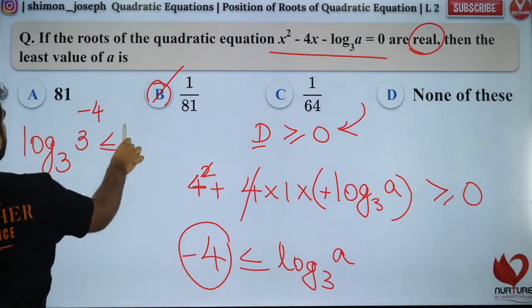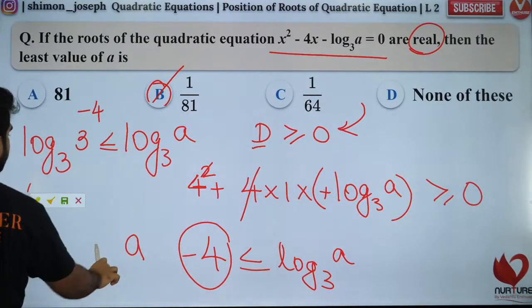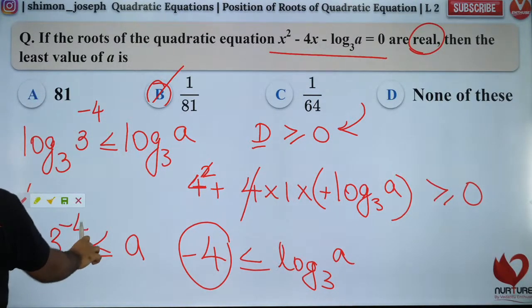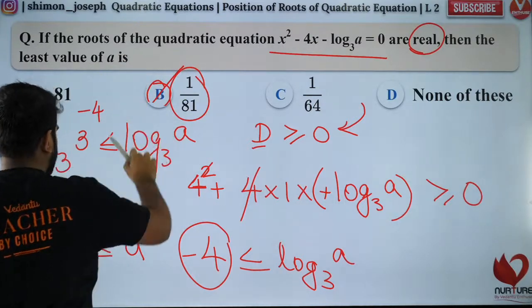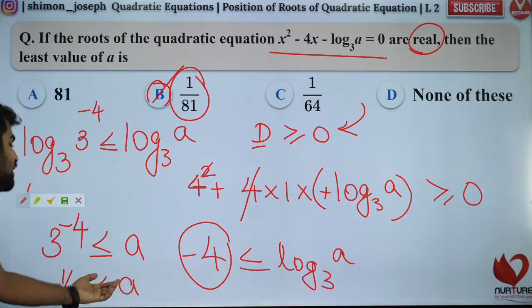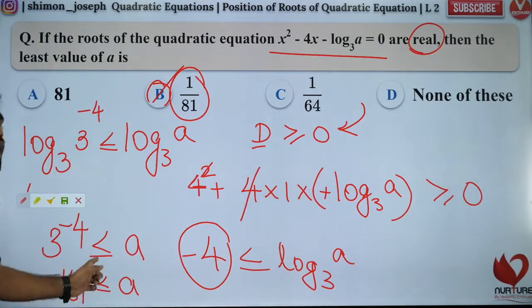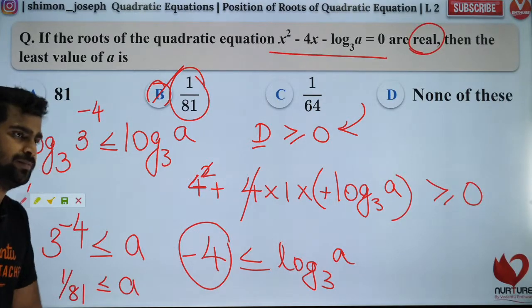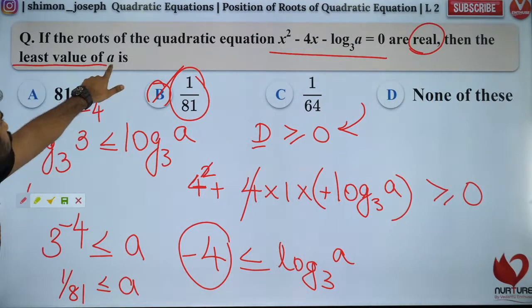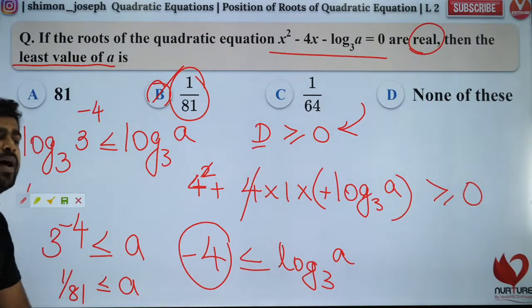Now that is less than or equal to log to the base 3 A. So A will be greater than or equal to 3 to the power minus 4, and that is nothing but 1 by 81. So if A is greater than or equal to 1 by 81, then the lowest value of A will be 1 by 81. They want the least value of A, right?